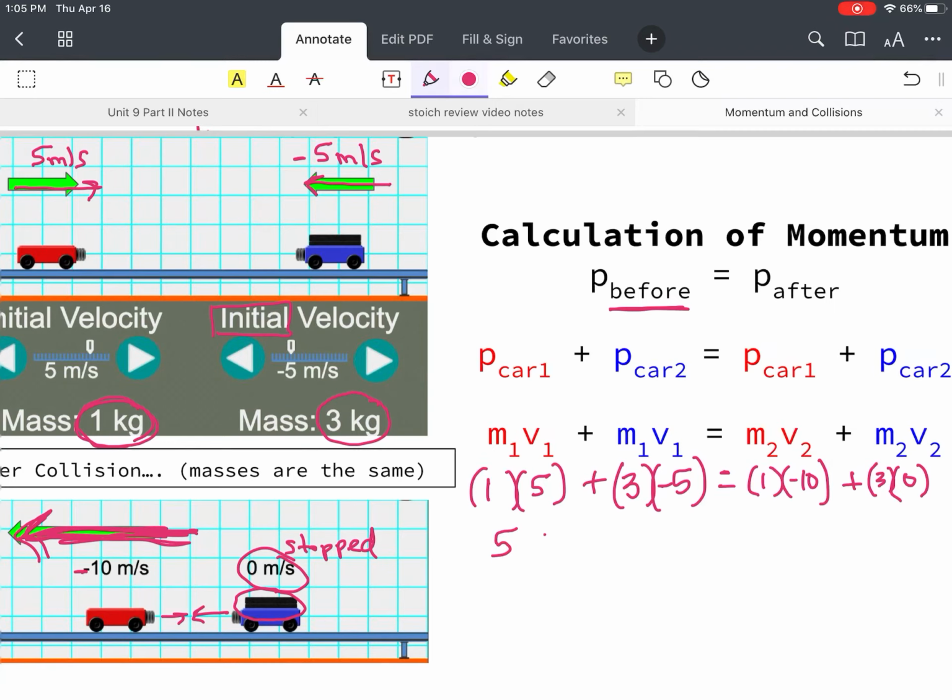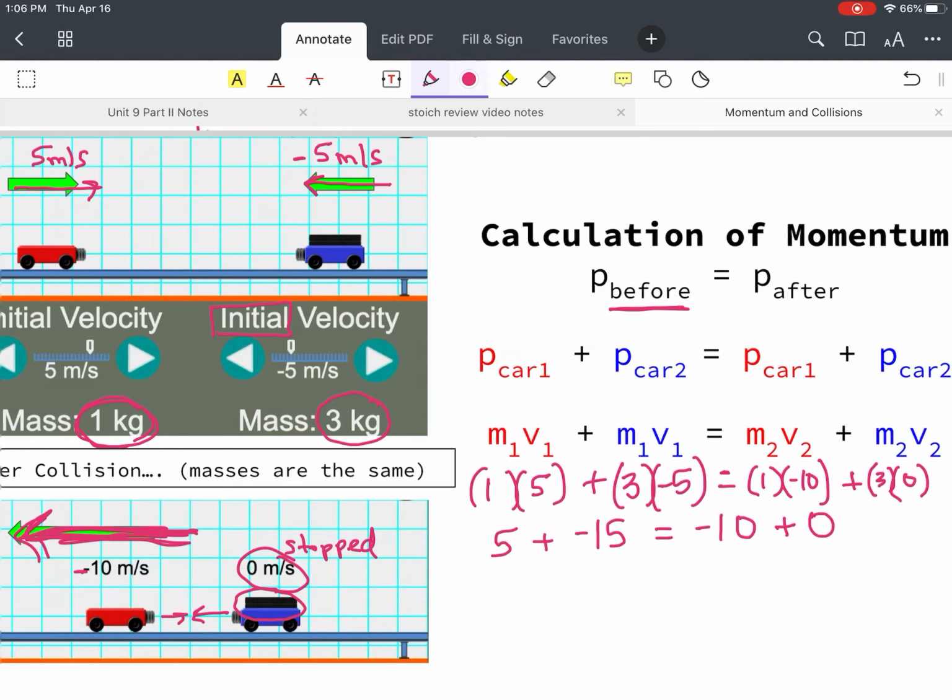Okay, so when I multiply this out, I get 1 times 5 is 5, plus 3 times negative 5 is minus 15, equals 1 times negative 10 is minus 10, plus 3 times 0 is 0.